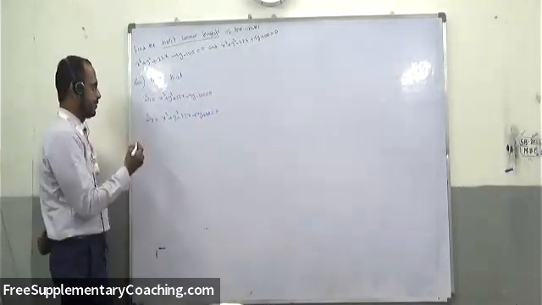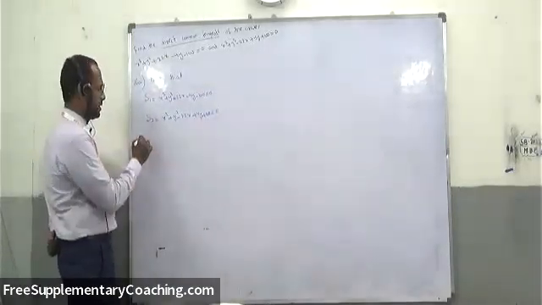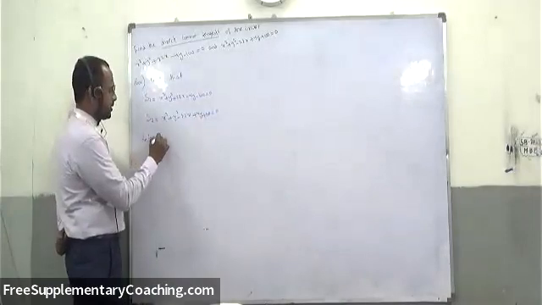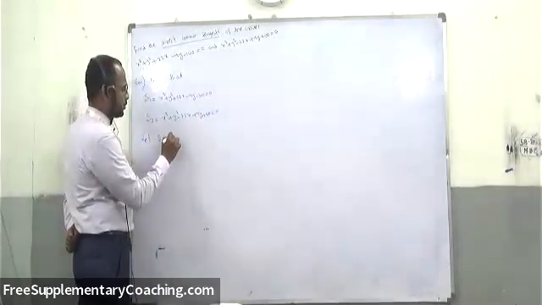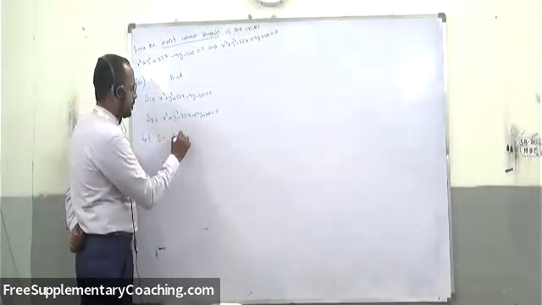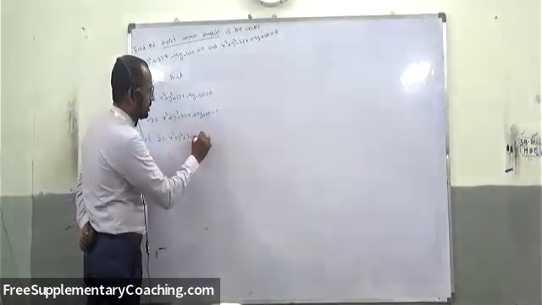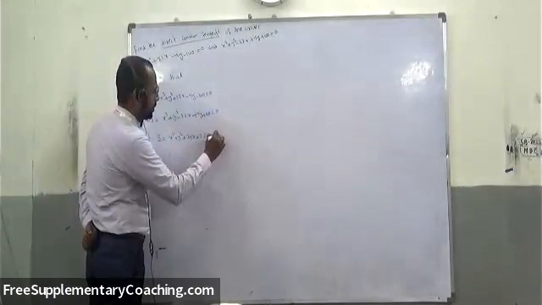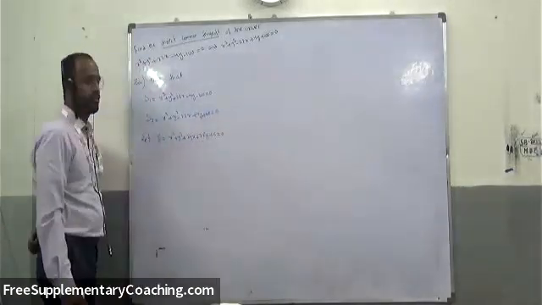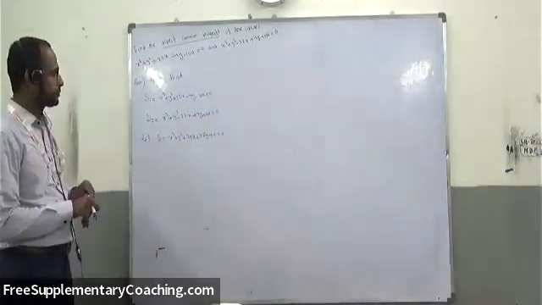See here, first we will take the general equation of circle, that is, let S is equal to x square plus y square plus 2gx plus 2fy plus c is equal to 0. Okay.